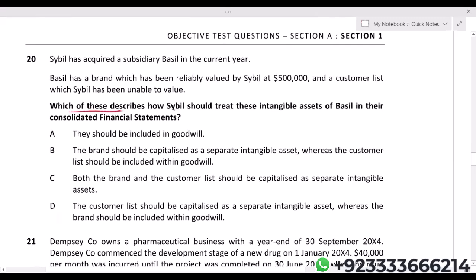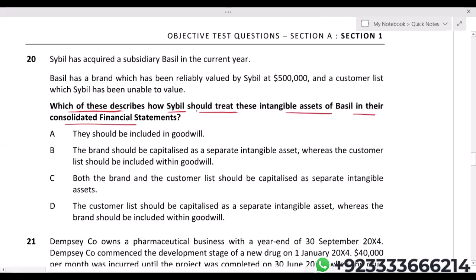Which of these describes how Sable should treat these intangible assets of Basel in their consolidated financial statements? Let's read.